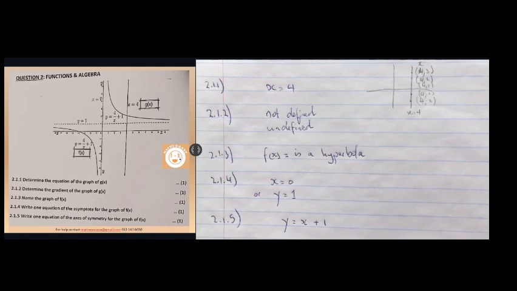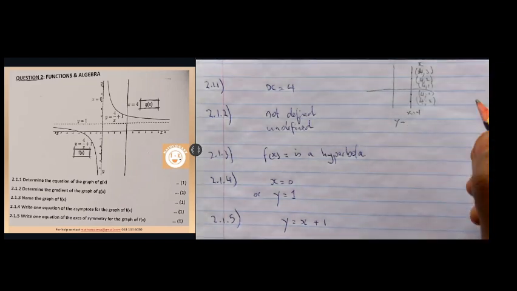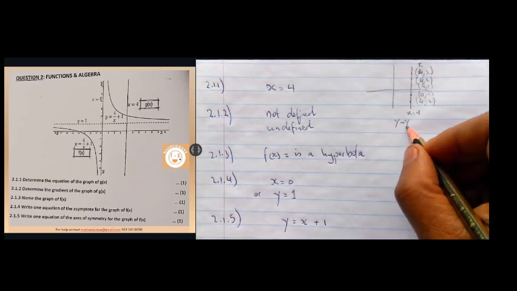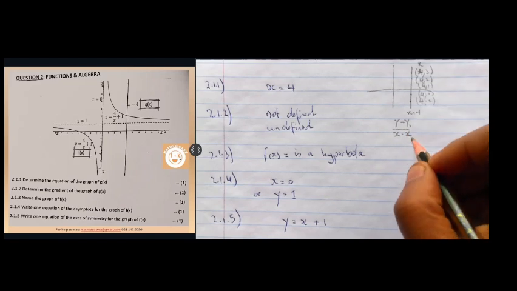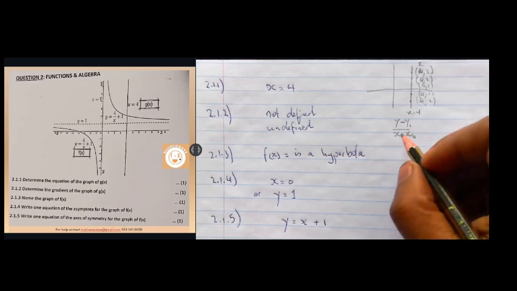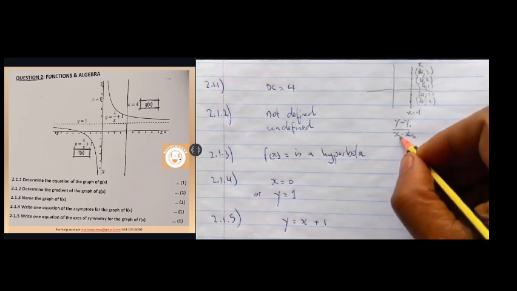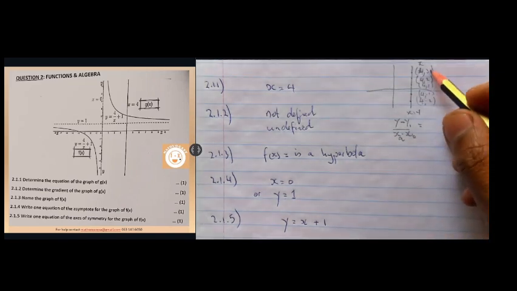Now, the next one, determine the gradient of the graph of g of x. If we determine a gradient, what must we do? We must say the difference between the y's over the difference between the x's, isn't it? So this is x_a, x_b, or y_0, y_1, I'm just playing around.